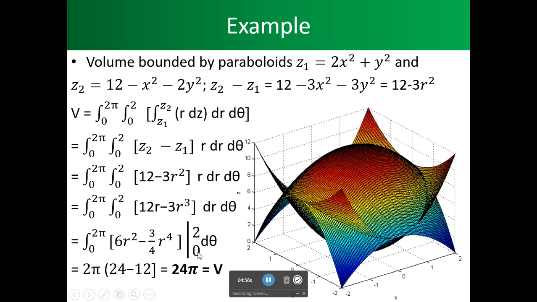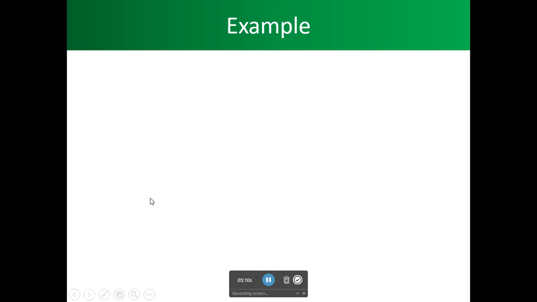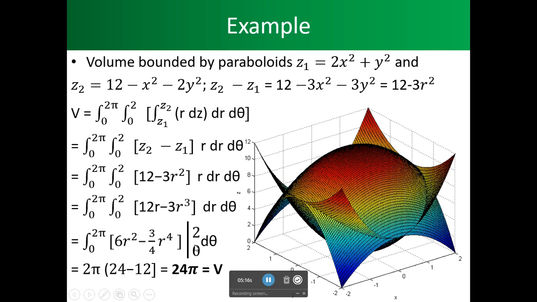And we're also looking here at d theta. That just goes from 0 to 2 pi, so it's just going to be 2 pi. And if we plug in 2 and 0, plug in 0, we know everything will drop out.